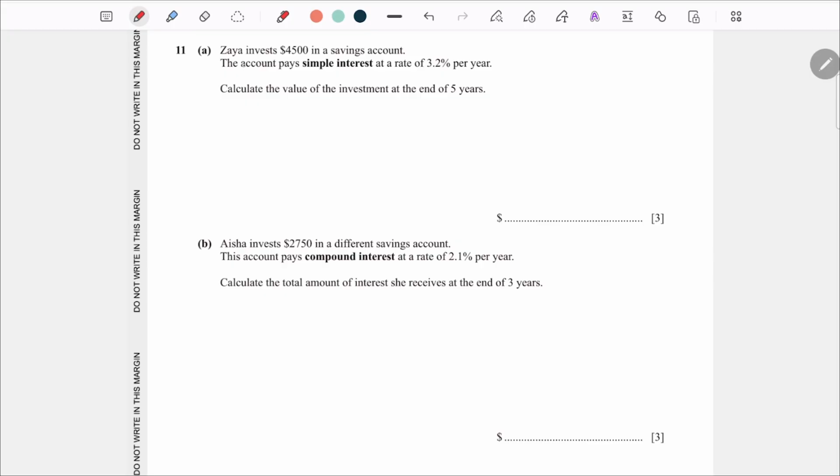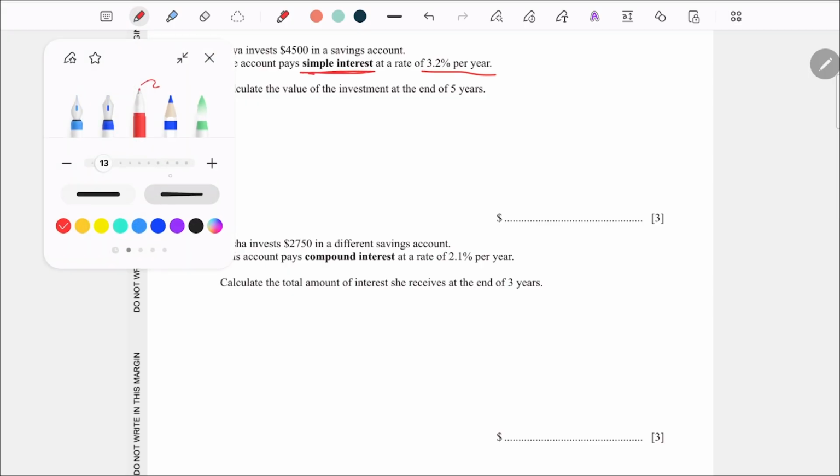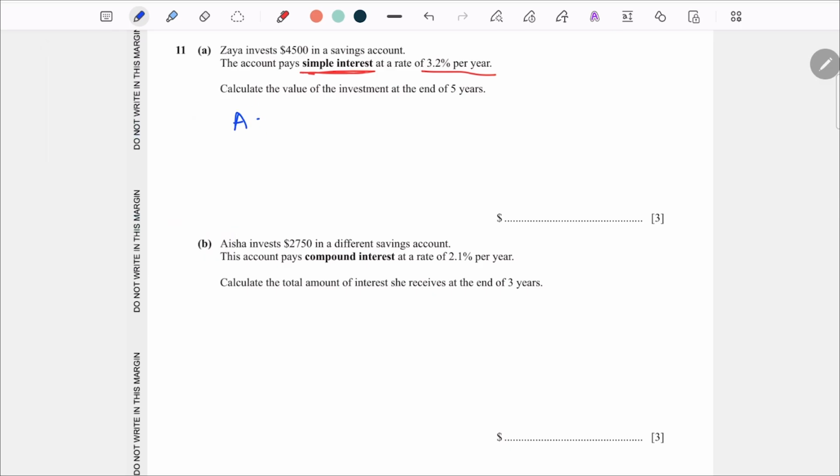Question 11a. Zaya invests $4,500 in a savings account. The account pays simple interest at a rate of 3.2% per year. Calculate the value of investments at the end of 5 years. Now, because this question is relating to simple interest, the formula for simple interest is A is equal to P bracket 1 plus RT. P stands for the total amount that has been invested, which is 4,500 in this question.